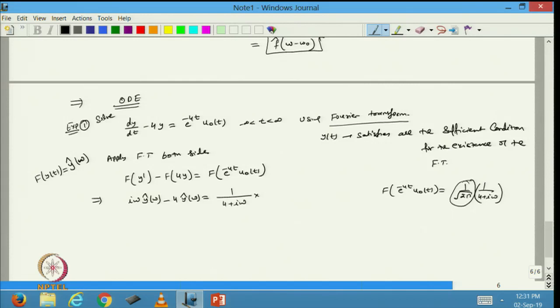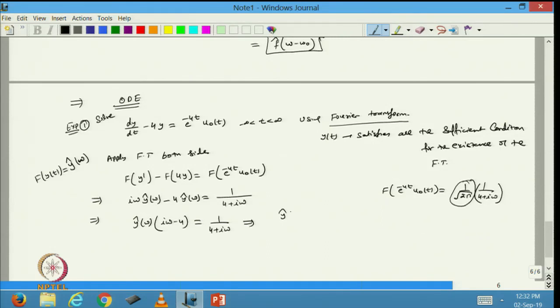It is just a multiplication by some factor. In this case I will take my Fourier transformation of the function as this only. Now, if I go further, this will be equal to (i omega minus 4) Y equals 1 over 4 plus i omega.